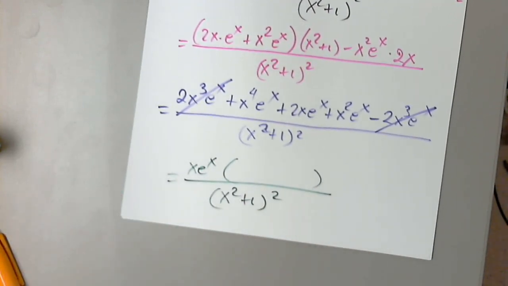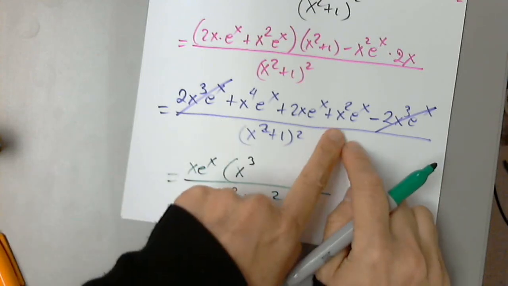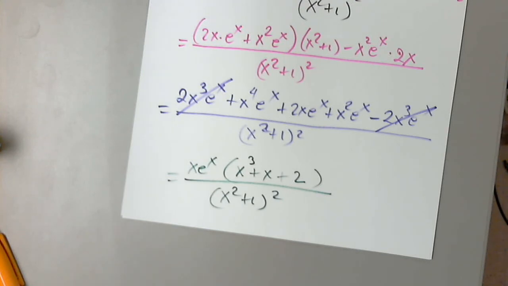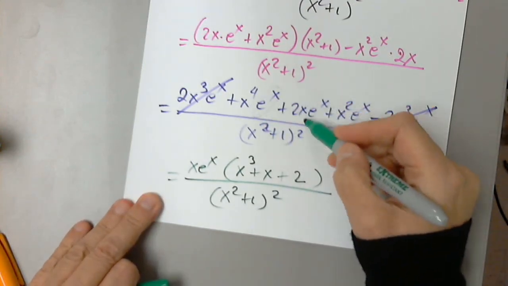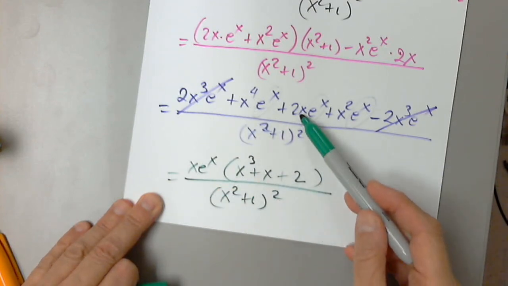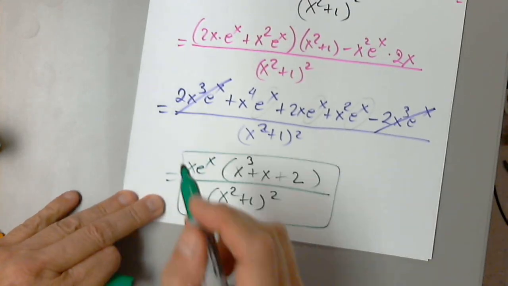Can anyone give us the quantity in parentheses after we factor out x e to the x? From here, x to the third. From here, plus x. And from here, plus 2. So we factored out e to the x and x. So x cubed, x, and 2. And there is nothing else we can do here. This is it.